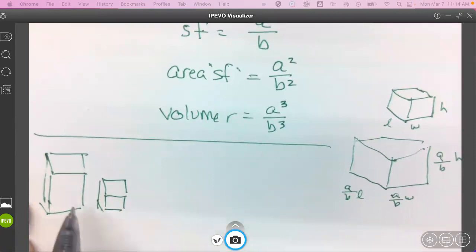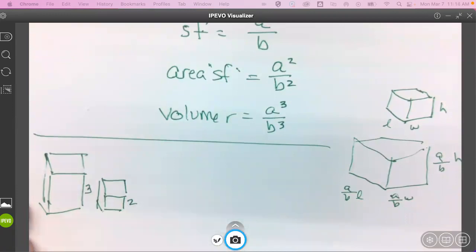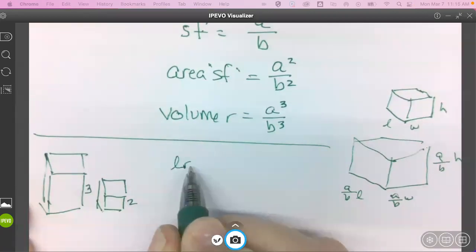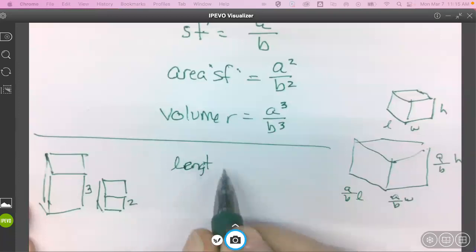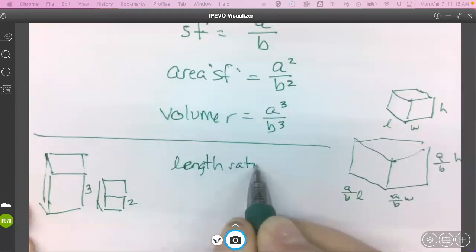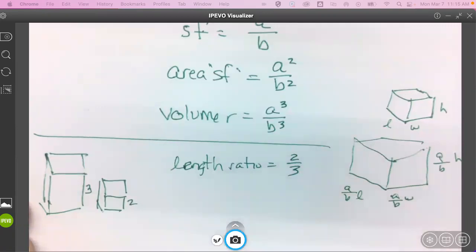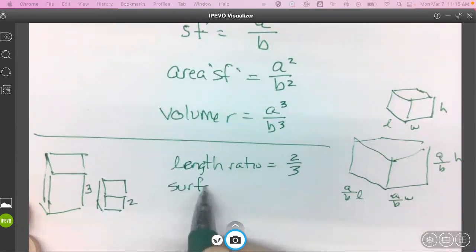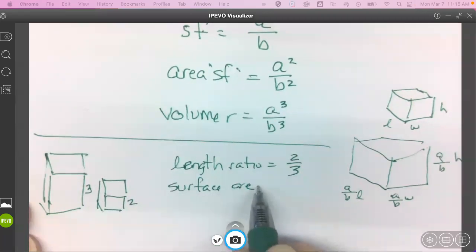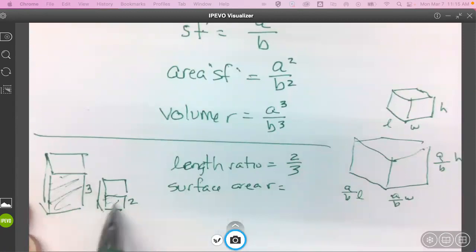And if I tell you that corresponding sides are in the ratio of 3 to 2, then my length ratio or scale factor is, let's say, 2/3. What would my surface area ratio be? If I were to like paint the sides of these things and compare how much paint it would take.